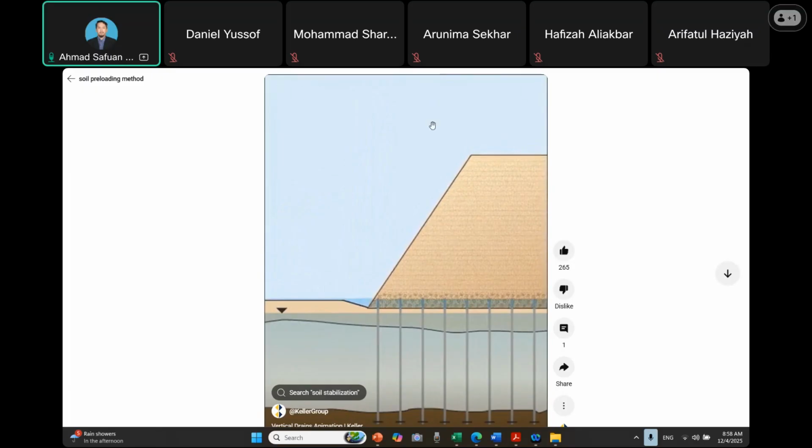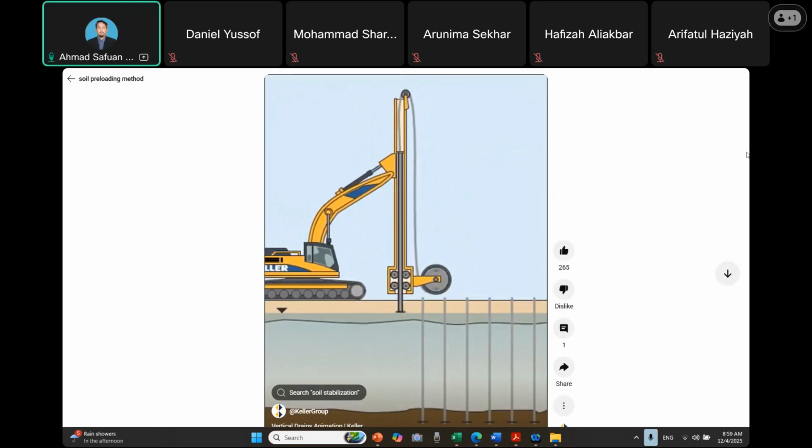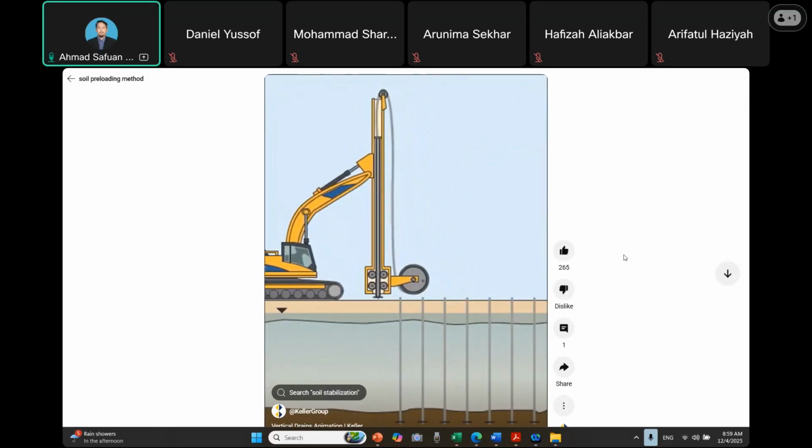So that is the example of prefabricated vertical drain plus preloading.